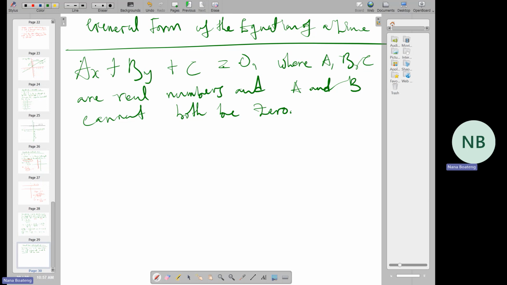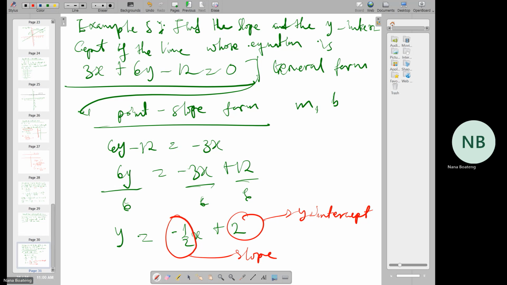So that will give us y is equal to negative 1/2 x plus 12 divided by 6, which is 2. So from here, our slope is minus 1/2, and our y-intercept is 2.